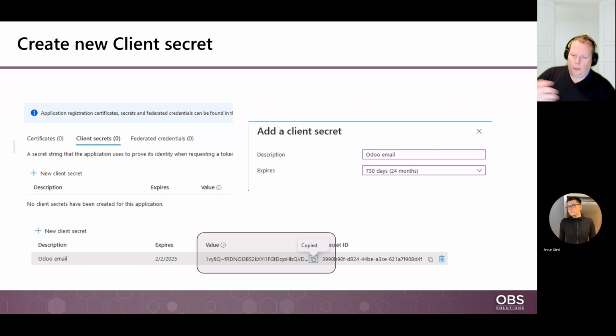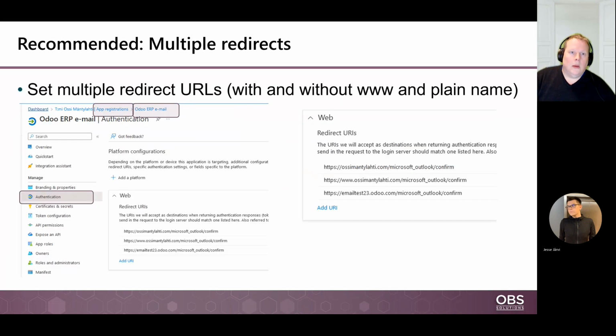So it is a good practice to renew these maybe once per year and put this already now in the calendar that it must be reset. So in the client secret screen, copy the value. Don't copy the secret ID, copy the value. So that's essentially the password.